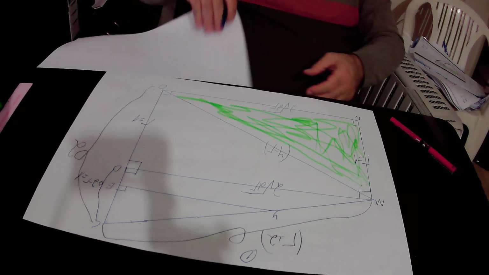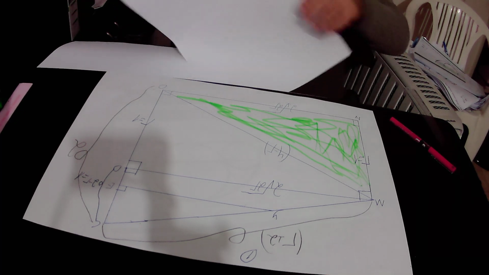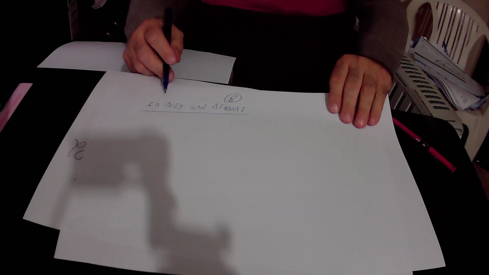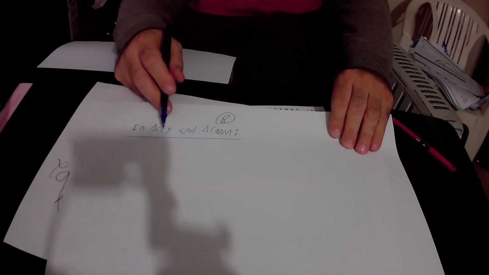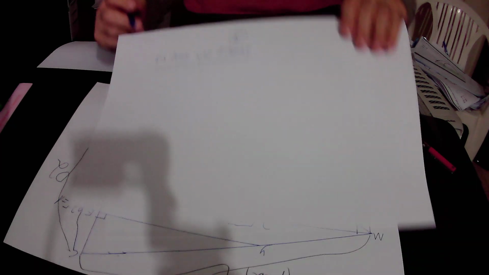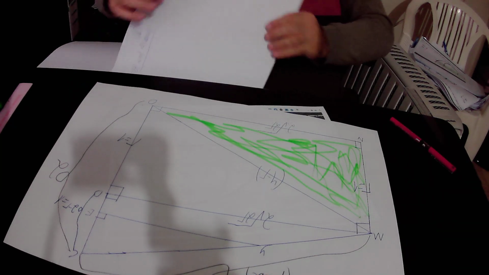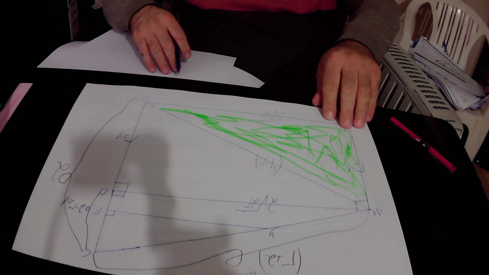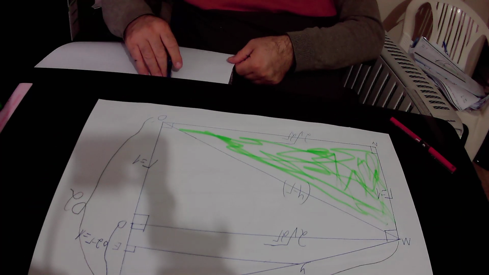I will repeat again, we will focus on the right triangle CEY and the right triangle CDM, and we will prove that those two right triangles are similar to each other.